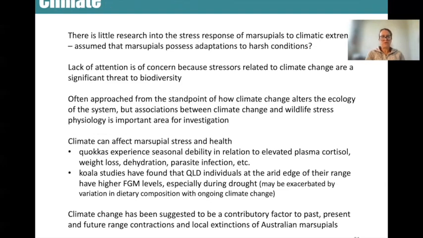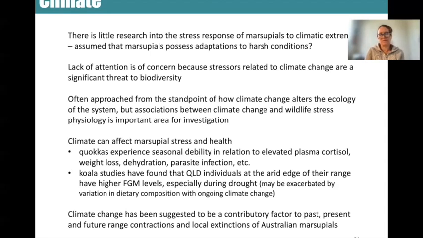Climate is another stressor for marsupials. There is little research into the stress response of marsupials to climatic extremes, and it seems to be assumed that marsupials possess adaptations to deal with extremes, because a lot of species are adapted to harsh conditions.